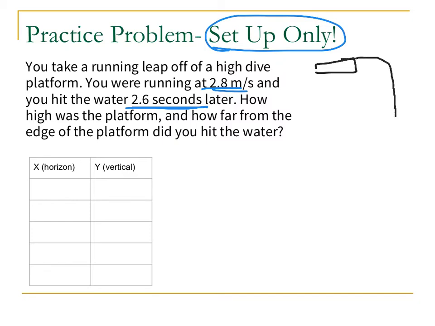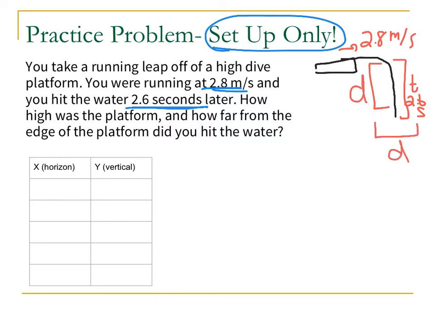Okay? So I have a starting velocity of 2.8 meters per second and my time is 2.6 seconds. I am looking for how high this distance is, and I'm also looking for my horizontal distance.